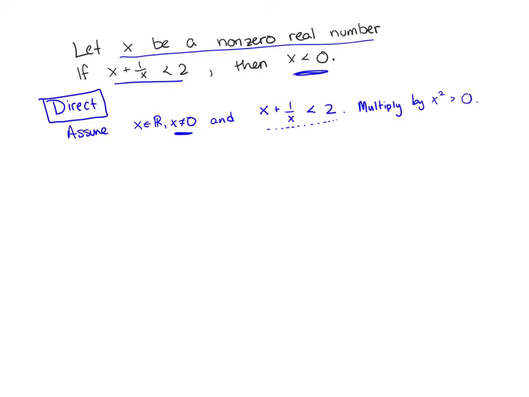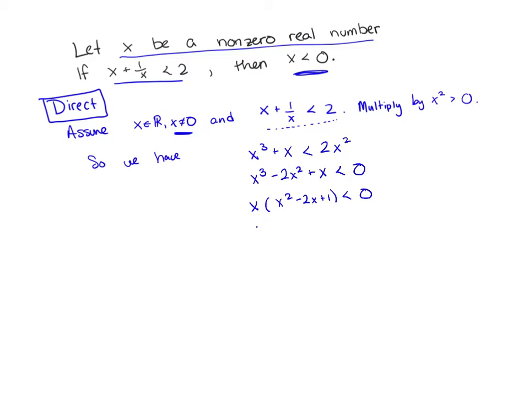So I multiply through by that. We have x cubed plus x is less than 2x squared. It's always easier to show numbers are positive, so let's subtract the 2x squared over: x cubed minus 2x squared plus x is less than 0. I noticed everything has an x in it, so maybe I can factor that out. x times (x squared minus 2x plus 1) is less than 0.